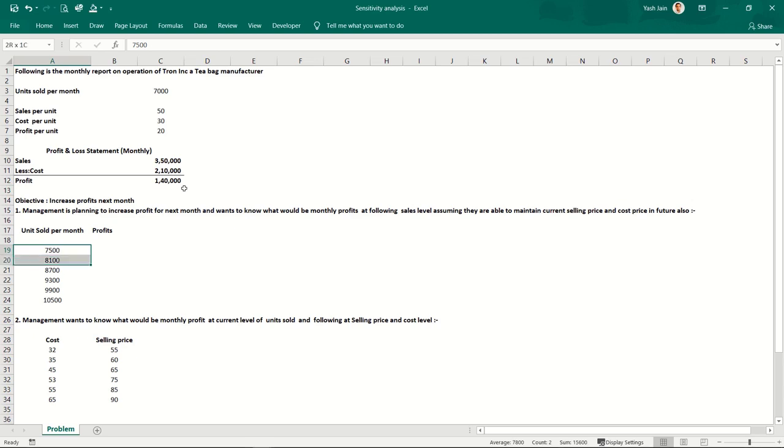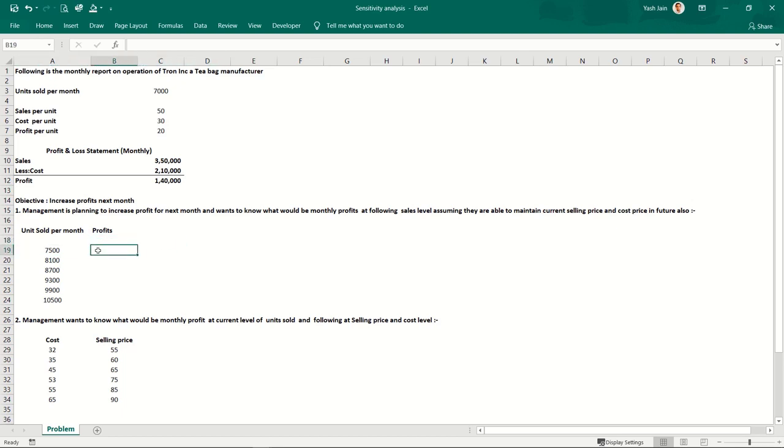So they are planning to sell these many units: 7,500, 8,100, 8,700, 9,300, 9,900, and 10,500. They want to know, what if we sell 7,500 units, what would our profits be, assuming that our selling price, our cost and profit per unit are constant. Whatever they were last month, they would continue to hold in future also.